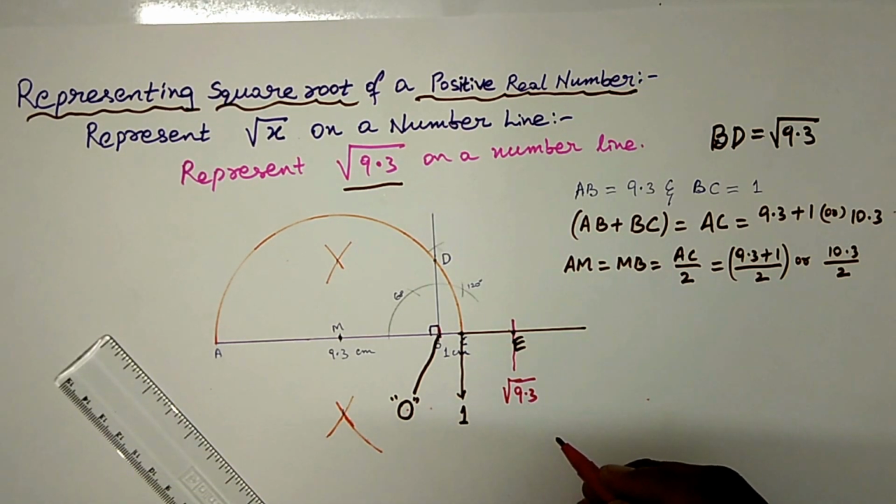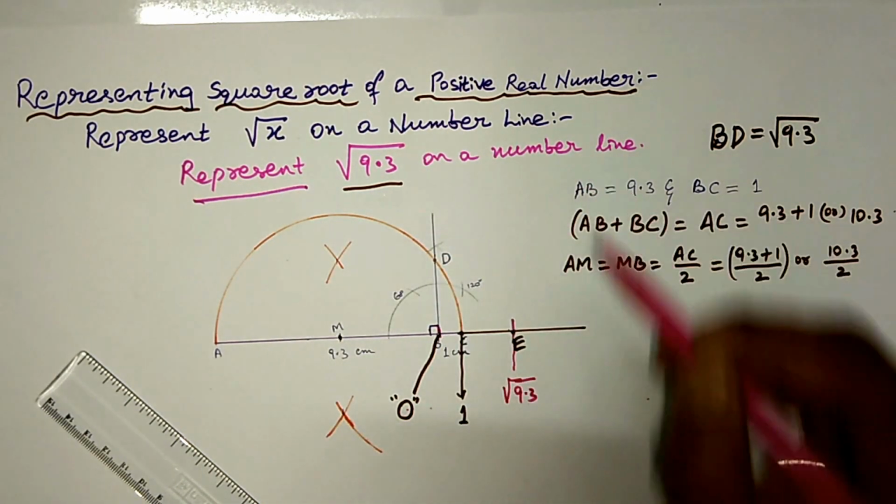So this is the procedure of representing root 9.3 on a number line.